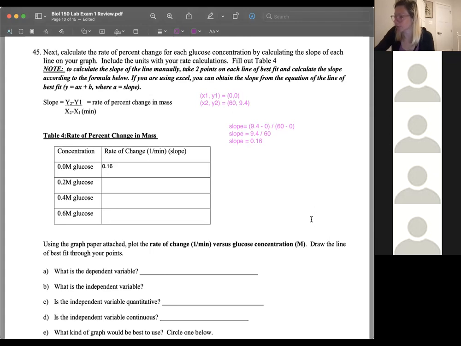Professor, I have a question. Sure. Can you show us the 0 molar glucose, how you calculate the rate of change? Which 2 points do you use? You can use any 2 points from the line of best fit.